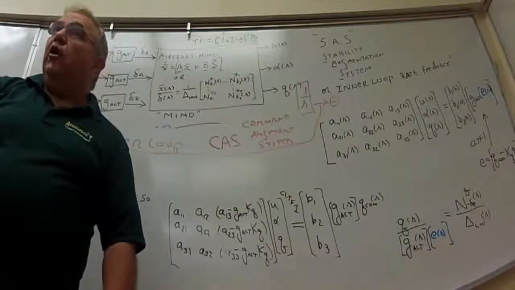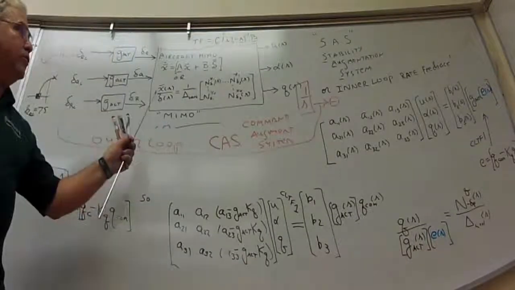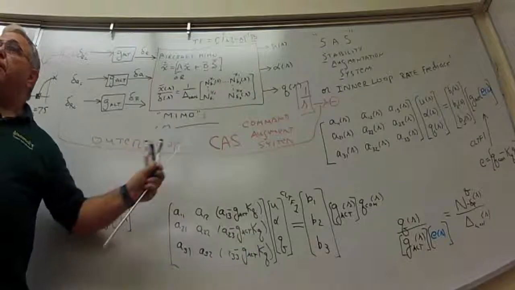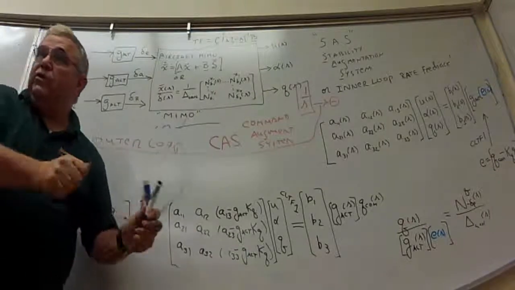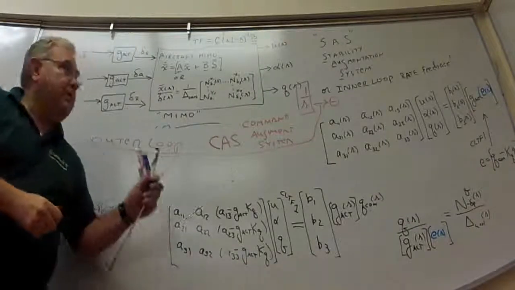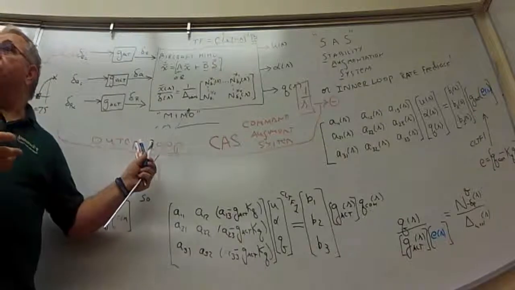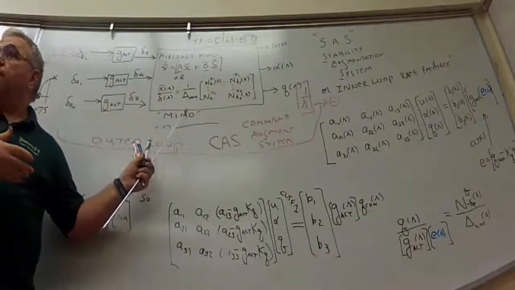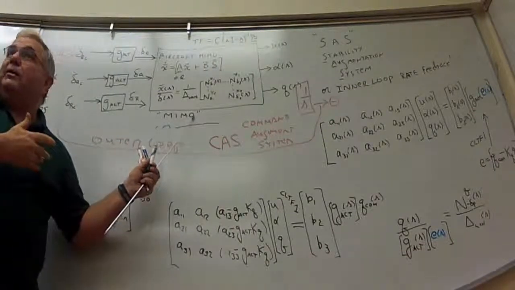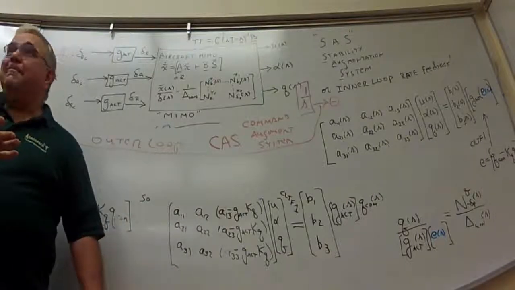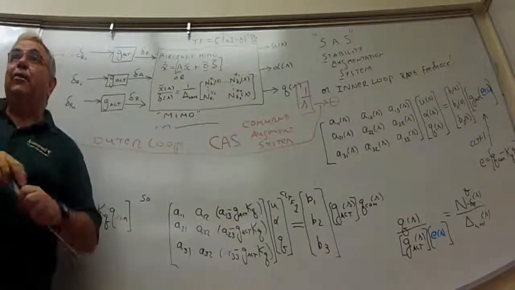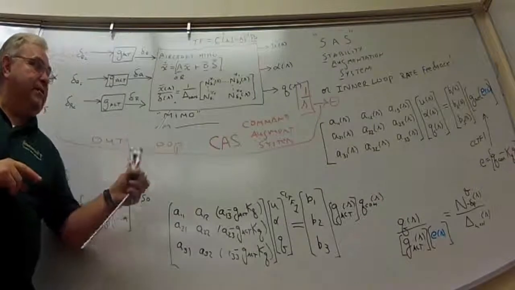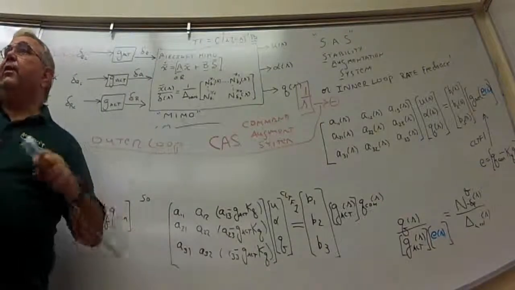So you turn that on and off depending on what you're doing. The inner loop always stays on. The rate feedback always stays on. You turn that on with switches before you fly. The inner loop SAS never goes off. It stabilizes the system. Because if that SAS goes off, what happens? I get unstable roots, right? For the F4, I'll be flying an unstable airplane. So this one always stays on. But the CAS I turn on and off depending on what I want to control.